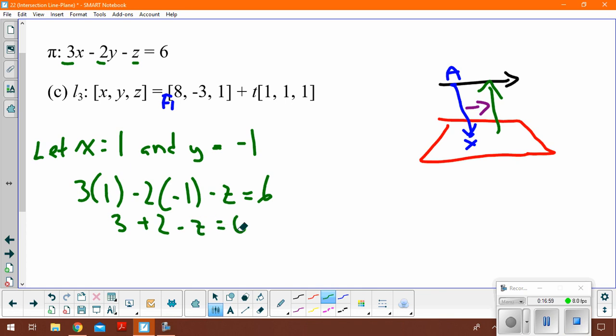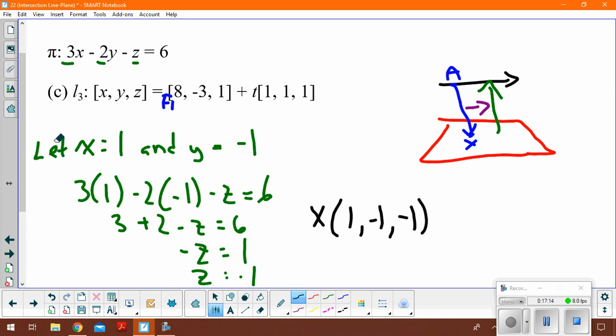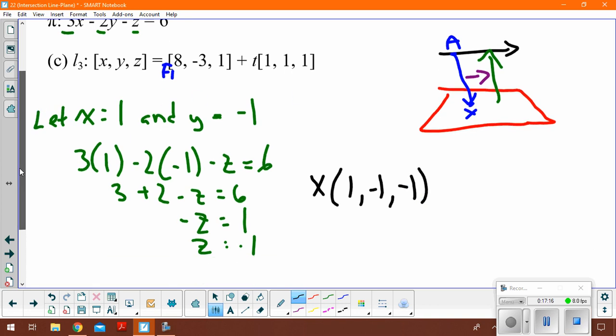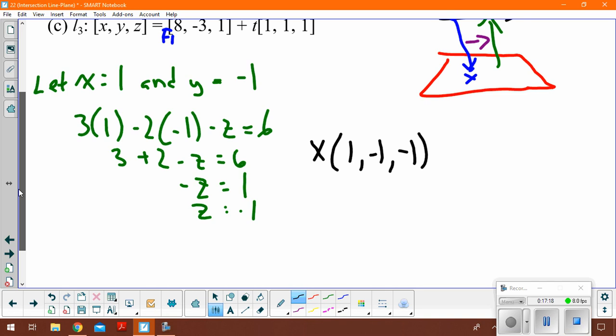So that means that negative Z is equal to 1, so Z equals -1. So my point X is going to be 1, -1, and -1. Again, it shouldn't matter what point it is. This process should still give us the same answer.